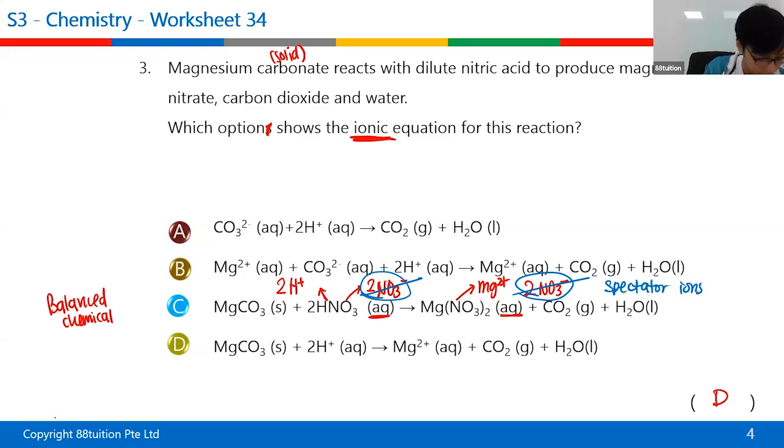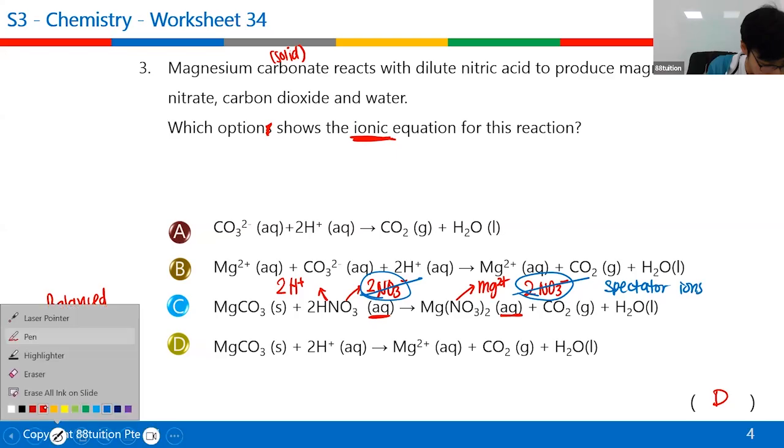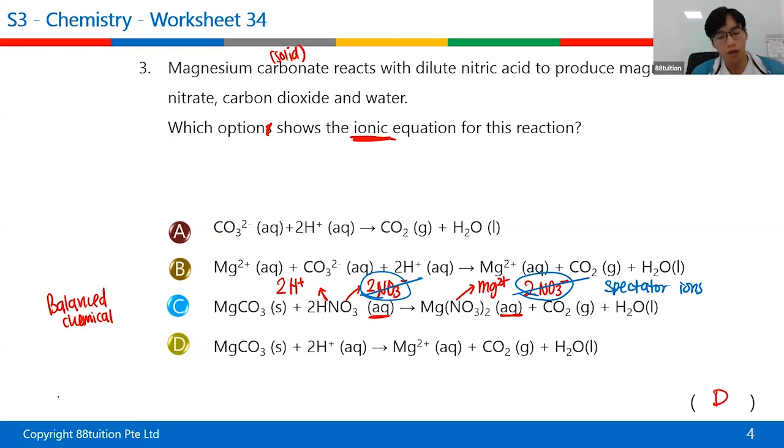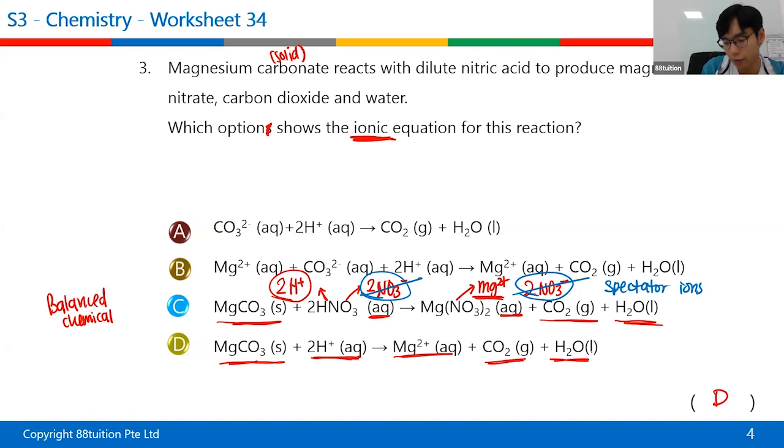They don't participate in the reaction, they just watch the show. Whatever is left gives your new ionic equation. So Mg2 plus is here, H plus is here, and the right answer is here.